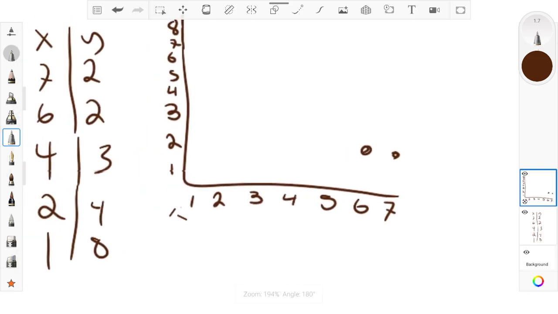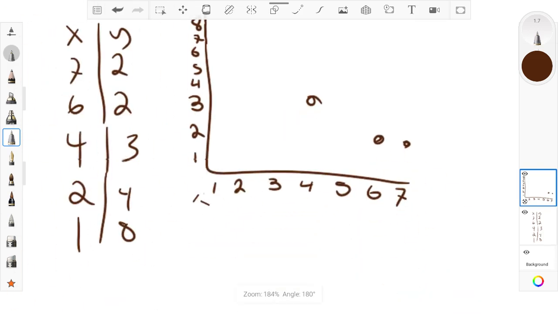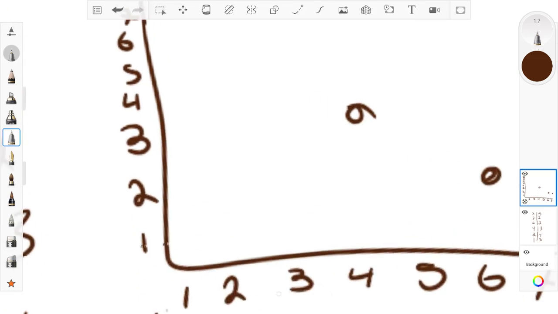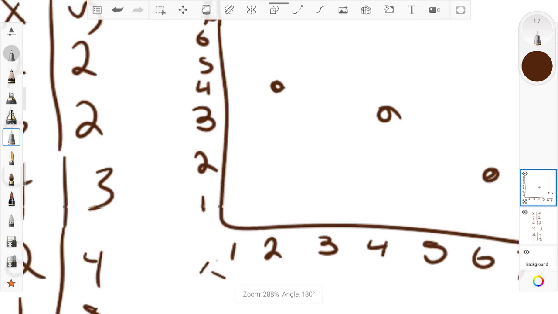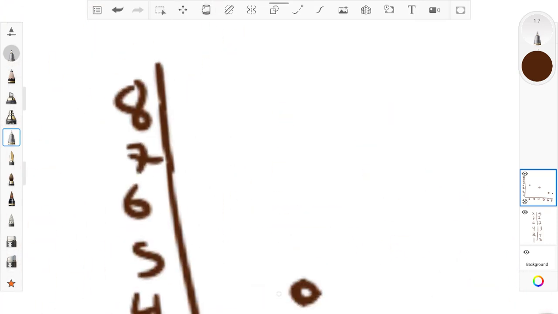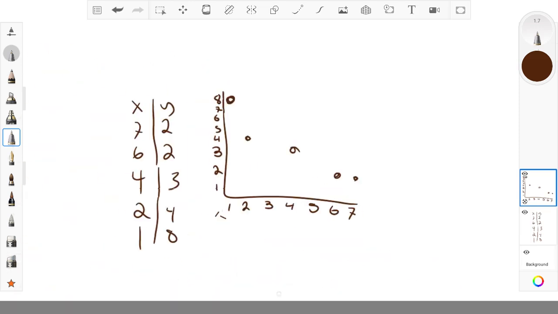For our x 4, we'll go up to y 3. And then for our x 2, we'll go up 4. And then for our 1, we'll go up 8. Okay. Our line will go down like this.